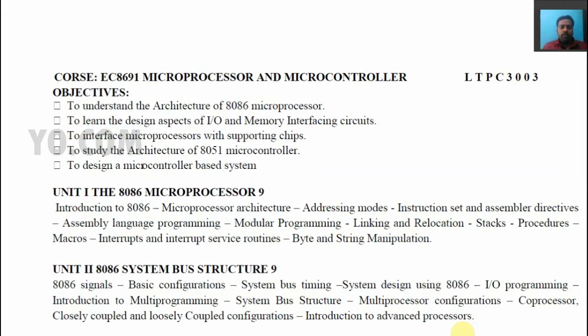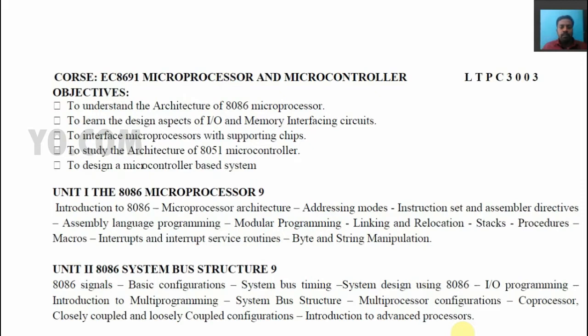Supporting chips means many interfacing ICs are available: serial port interface, parallel port interface, keyboard interface, display interface, then DMA controller. Likewise so many interfacing ICs are there. So how to interface them with the microprocessor, that we are going to study in this subject.